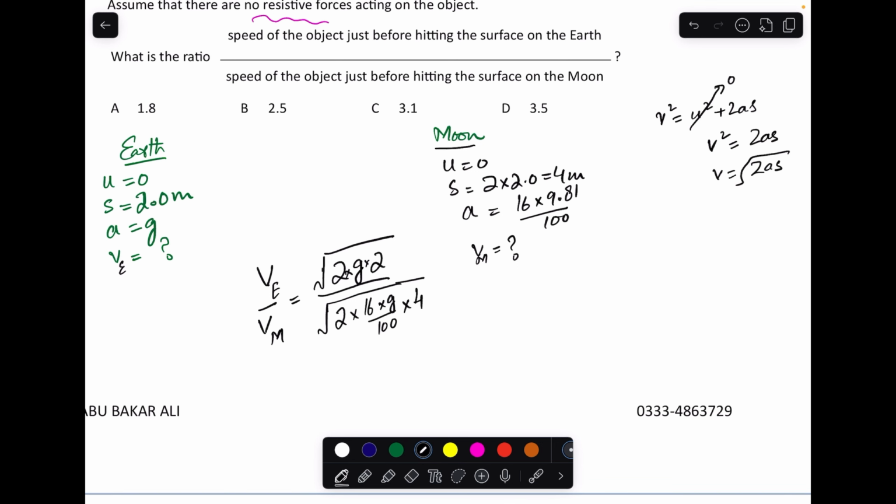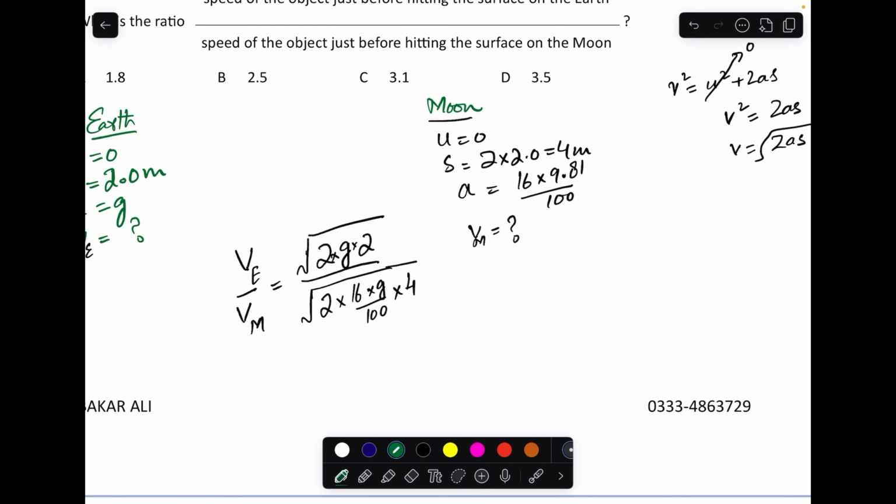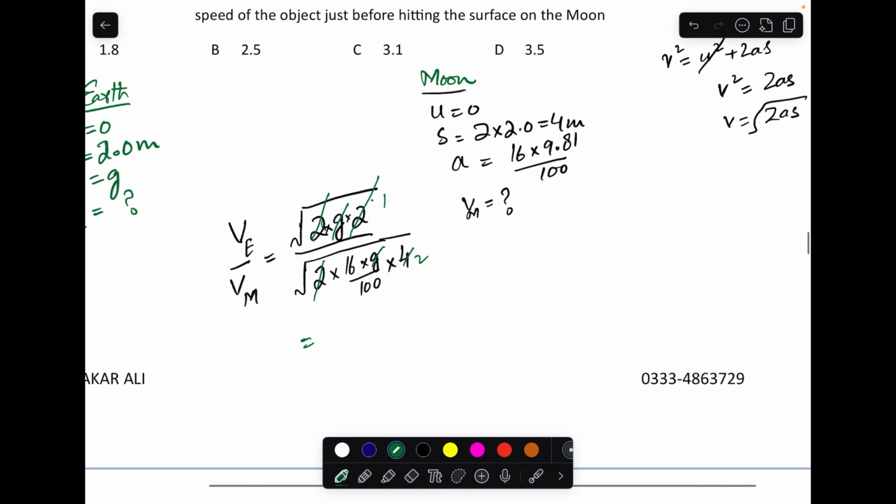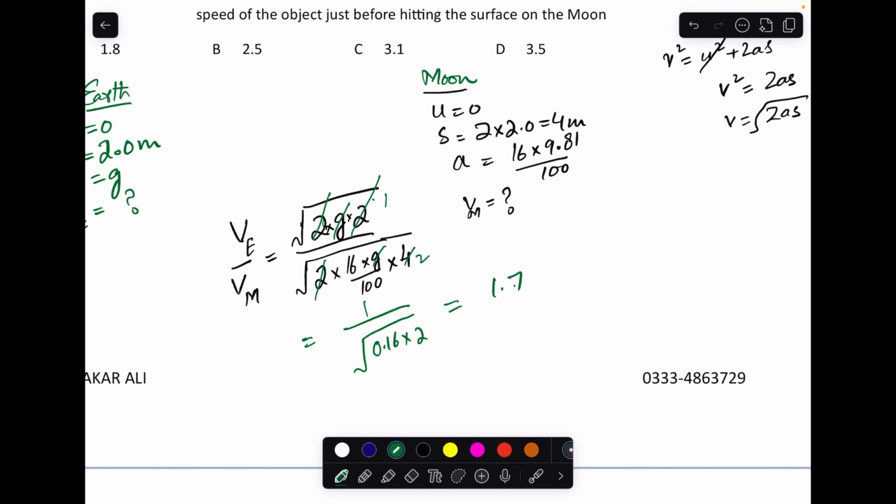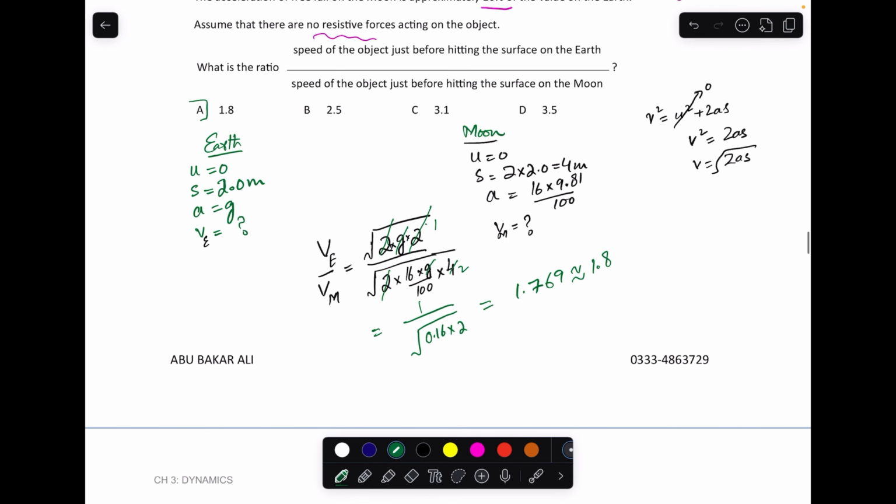So if you look at this closely, we can cancel this g, and this will be the 2. Okay, so this will give you 1 over under the root 16 divided by 100 is 0.16 multiplied by the 2. So if you solve this, it will give you 1.769, that is 1.8. Okay, so you have the option A.